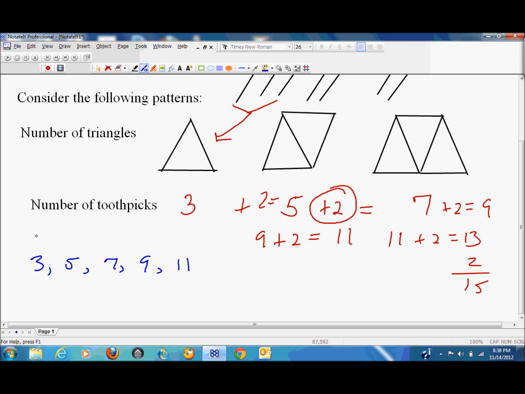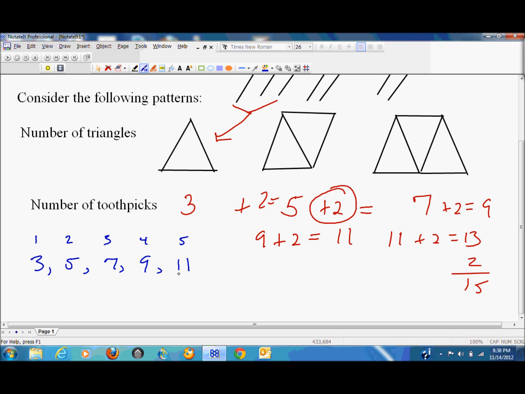This first number is a term, and it's term 1. 5 is a term, and it's term 2. The third number in the list is term 3. This is term 4, and this is term 5. Each number in the list has its own specific identity, so don't get confused here. Remember, the first number is term 1, the second number is term 2, and so forth. So if I ask you what is term 4 in this list, your answer will be 9.